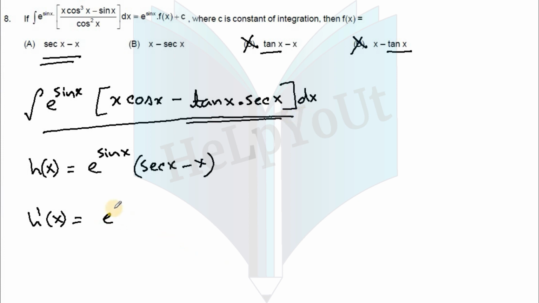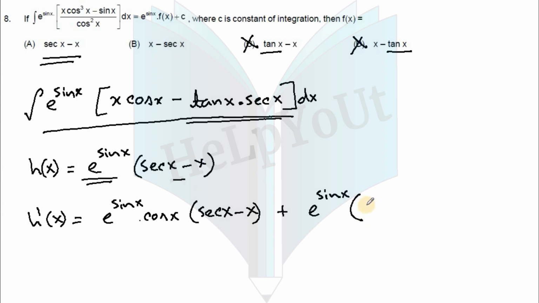E to the power sin x gives e to the power sin x times cos x, and this part will be fixed because we are using the product rule. First we have differentiated this part, and now this part will be fixed, e to the power sin x, and we have to differentiate the other part. This gives sec x times tan x minus 1.